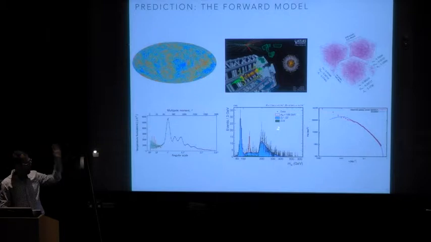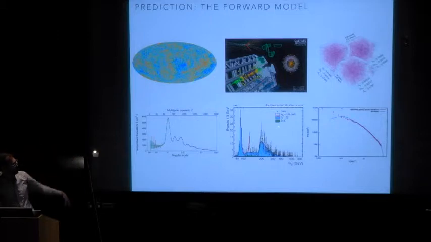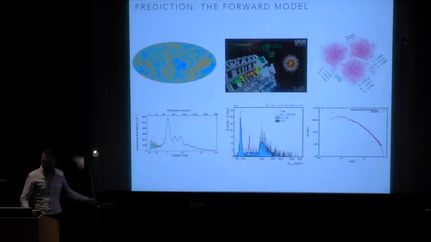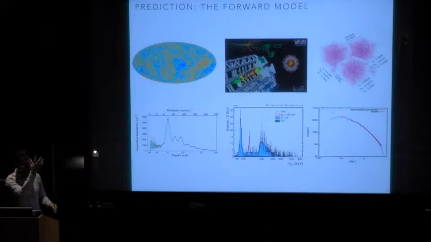And then there's lots of examples. Here are a few examples that we've heard about on the more fundamental end of physics. You've got CMB power spectra from cosmology, LHC particle physics, N-body simulations of the universe with gravitational dynamics. Usually the way that physicists approach this is that we think really hard.